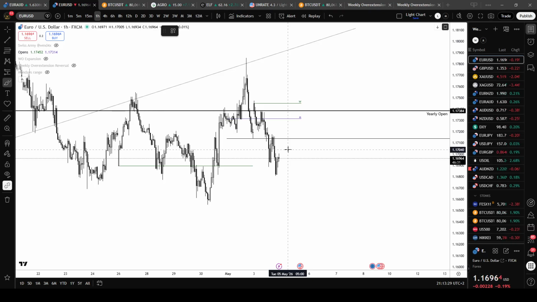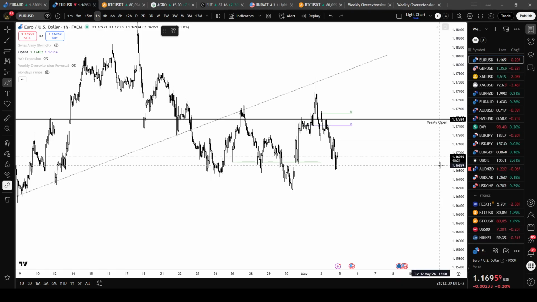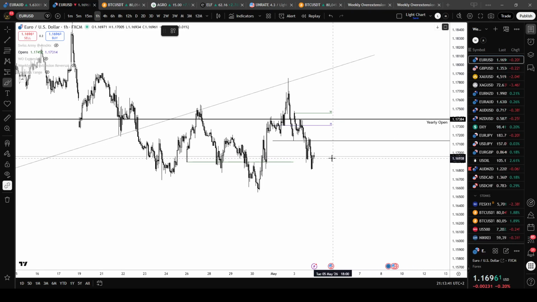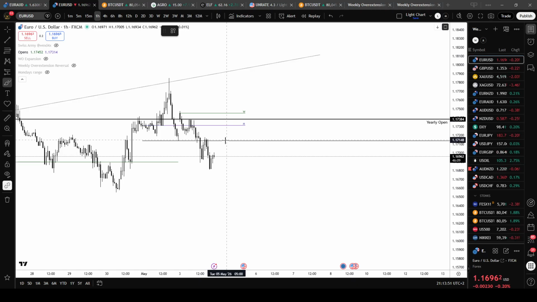I think the bearish scenario is much more likely to happen. So yeah, I think I just step aside and let this develop.